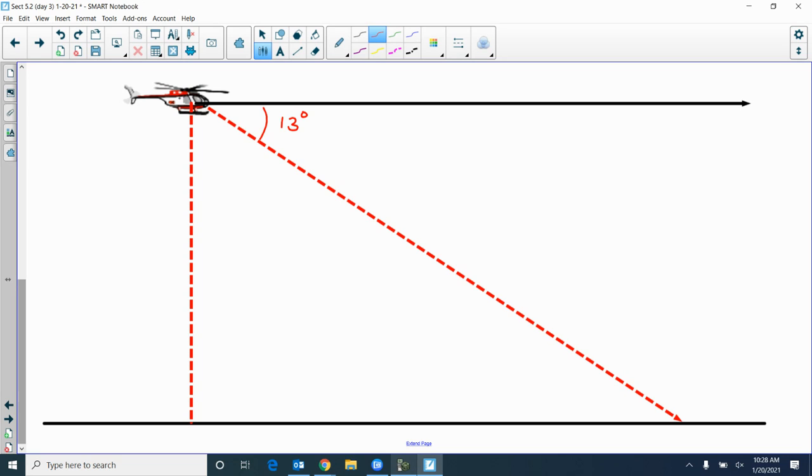Since the line of sight is parallel to the ground, you can use good old geometry and use alternate interior angles, and that will make this angle down here at the bottom right 13 degrees. Now you can also figure out this angle here, which is 90 minus 13, which would be 77, and it doesn't matter. And there's my right angle.